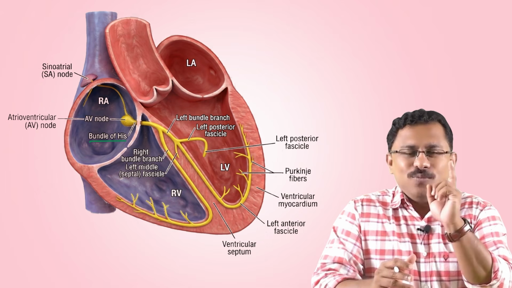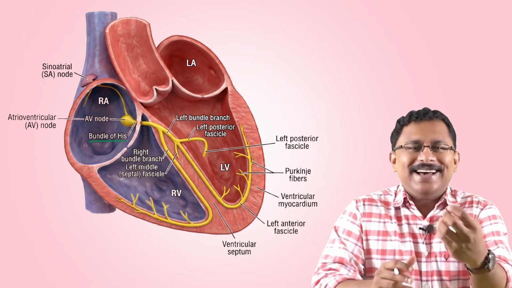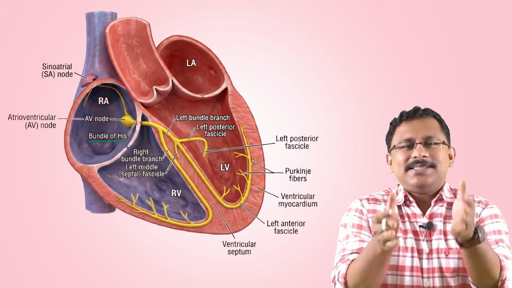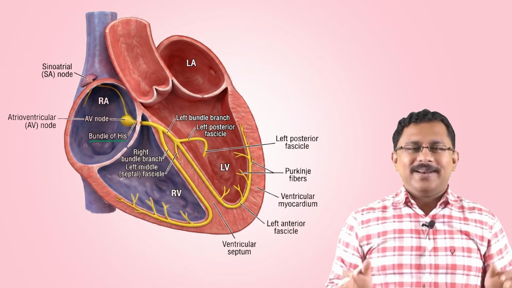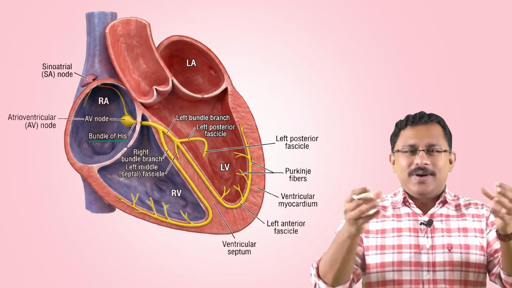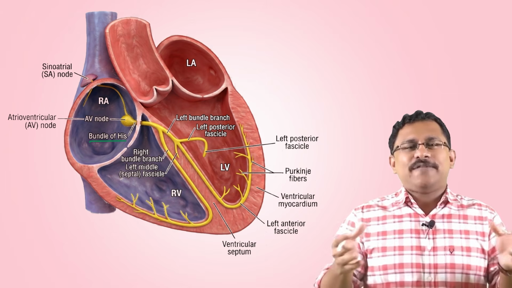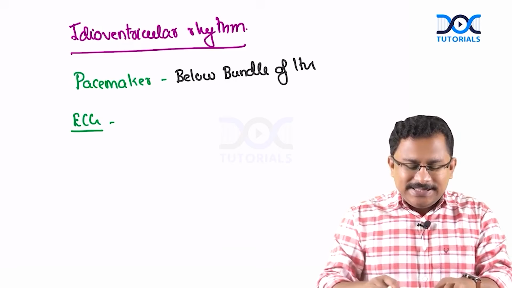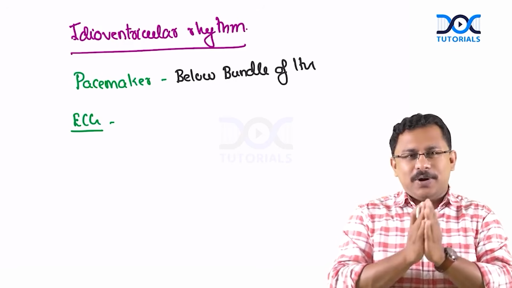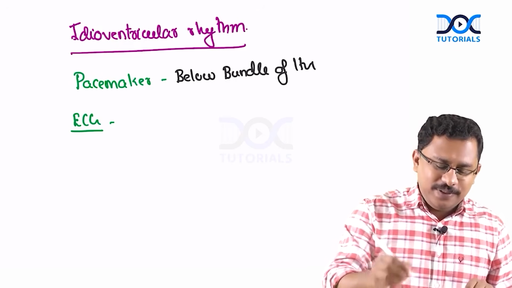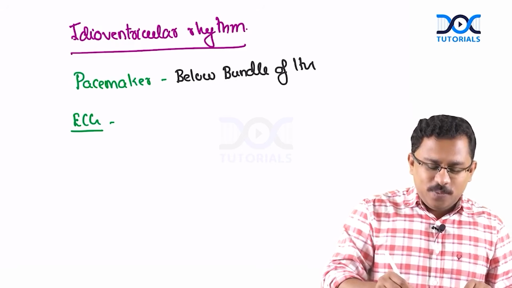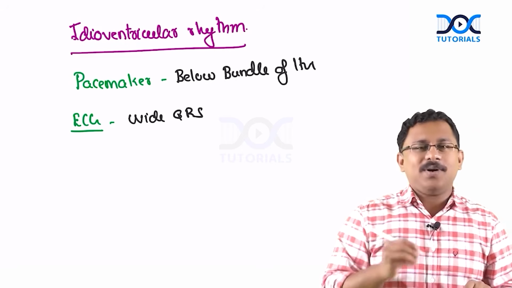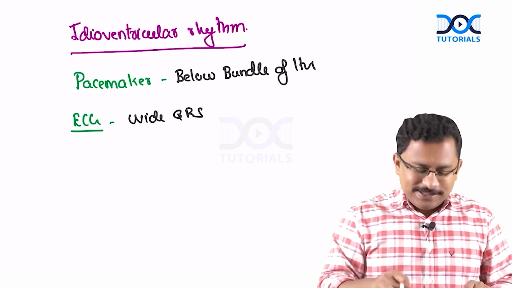Won't you agree with me when I say that the QRS complex is going to be wide here? Because the right ventricular and left ventricular depolarization does not occur together. So the duration of the QRS complex is likely to be wide. So one of the important striking features of the ECG in idioventricular rhythm is the wide QRS.